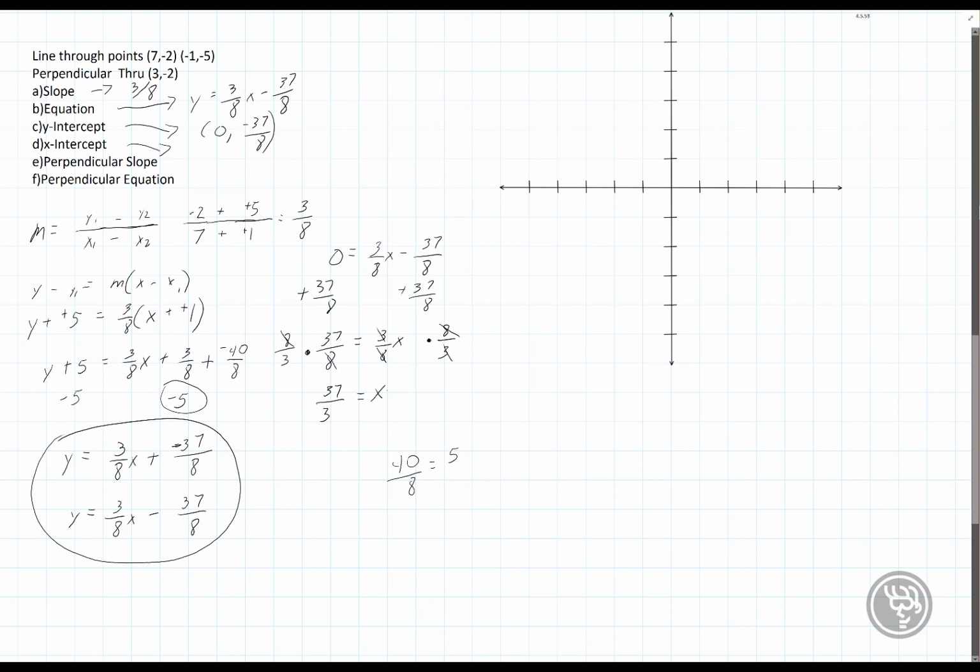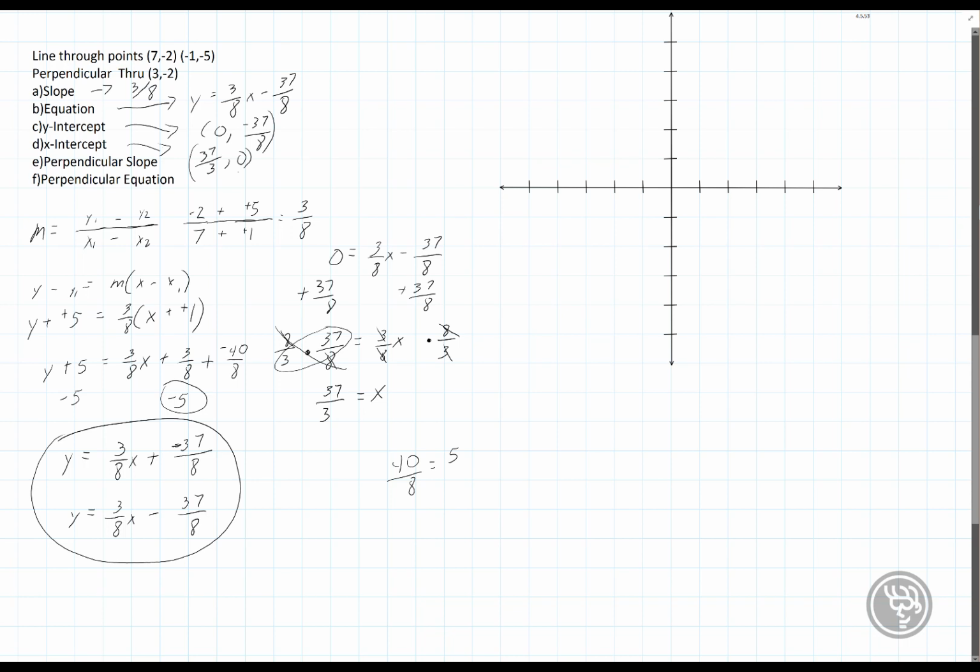Okay? This is just understanding how to divide and multiply, so you know that these two can cancel. Okay, and then you're just left with this, so it's 37 over 3. If you can reduce it, go ahead and reduce it. In this case, you can't reduce it. Okay, so we have 37 over 3. So our x-intercept is going to be 37 over 3 and 0.